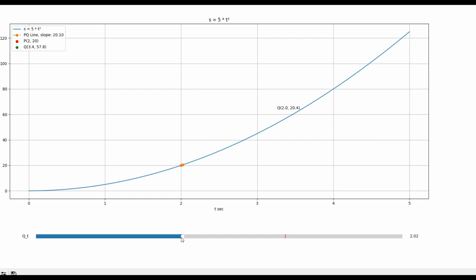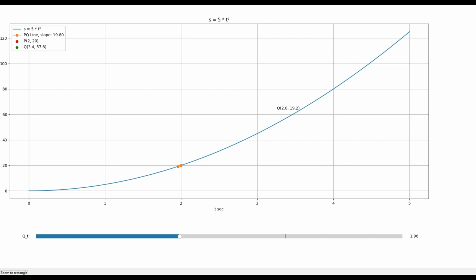Now, if I go away from it again to the other end, what is happening? The value is getting away from 20. That is, the velocity is less accurate than what it was before. But now if I come back to that point, we can see that it is getting better and better.